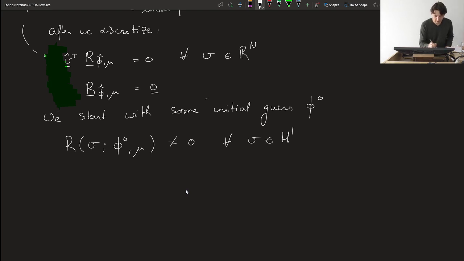So let me also write the linear algebra analogy here. Our vector R, using this phi hat 0, is not equal to the 0 vector.